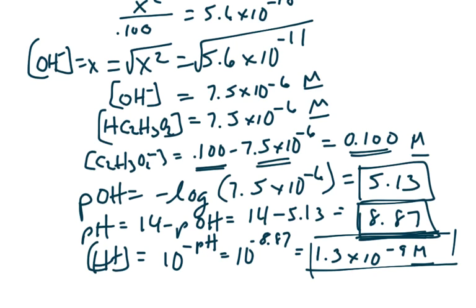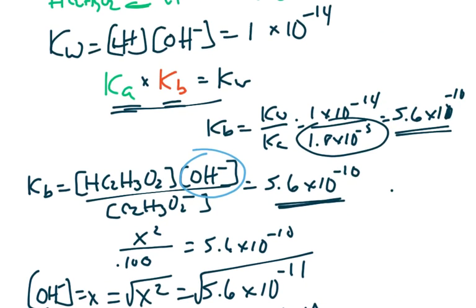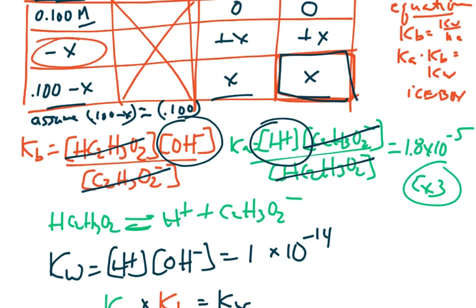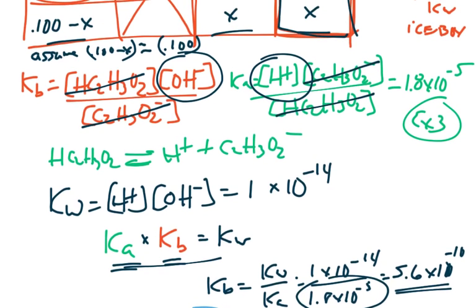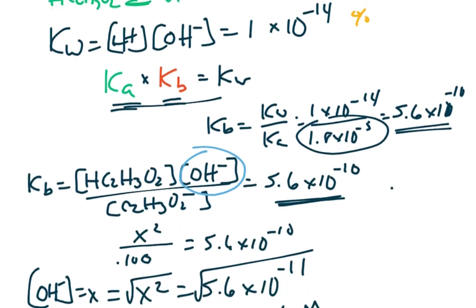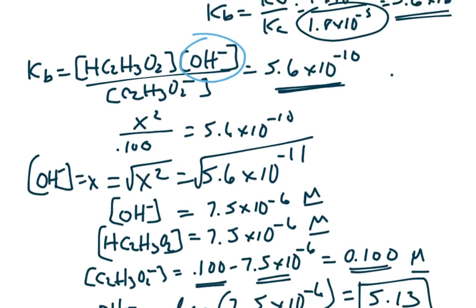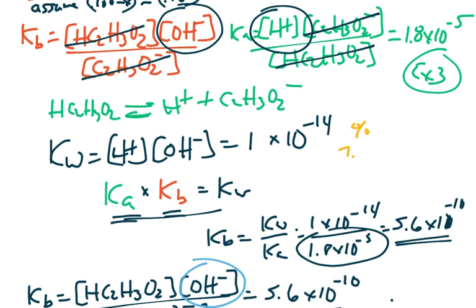Now, the last thing we want to do is say, well, what is our percent dissociation of this? Remember, for percent dissociation, we want to take X divided by our initial value. I'm just going to sneak it over here in the corner, I'll do it in yellow. So our percent dissociation here is going to be X, which we said was 7.5 times 10 to the minus 6, divided by 0.1 times 100.